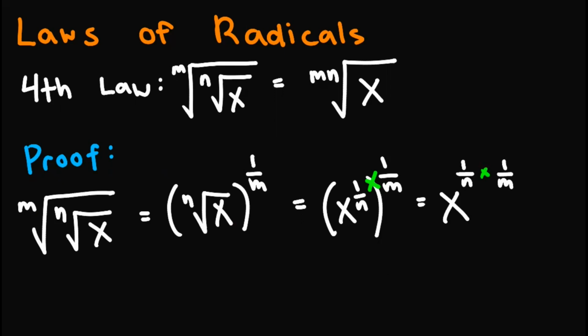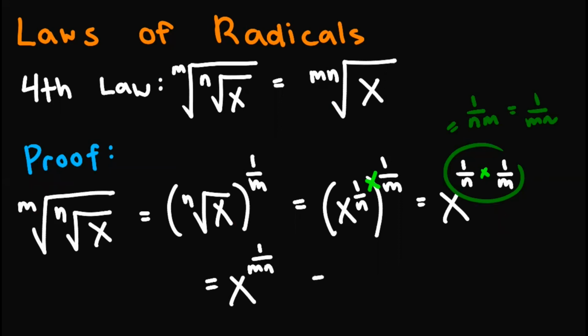By multiplying fractions, we know that this one out here simply simplifies to 1 over nm or 1 over mn. So this one becomes x raised to 1 over mn, and going back to the definition of radicals, this one is equal to the mn root of x. So we have arrived at what we want.